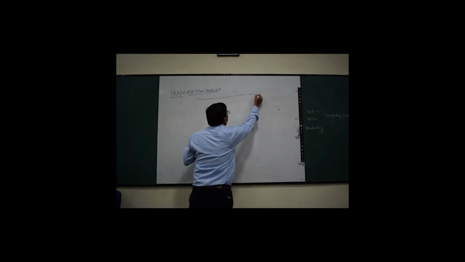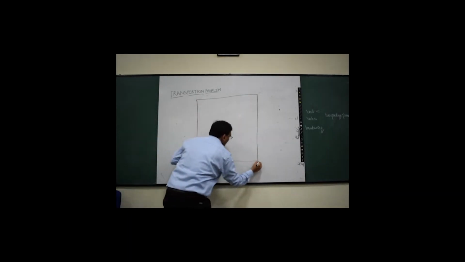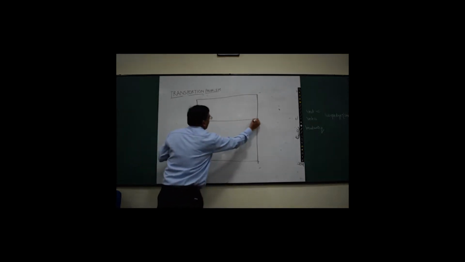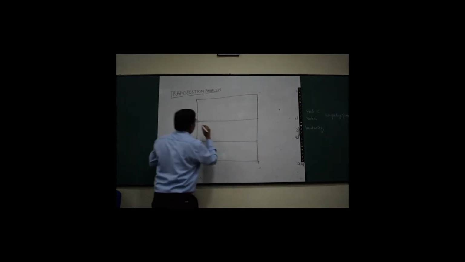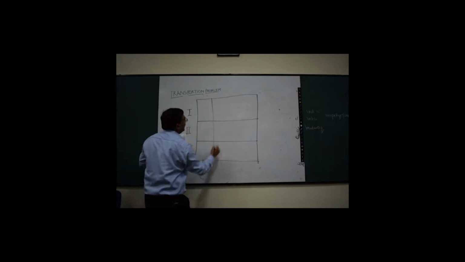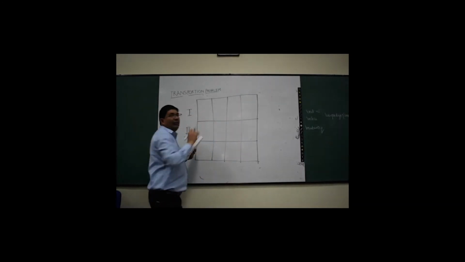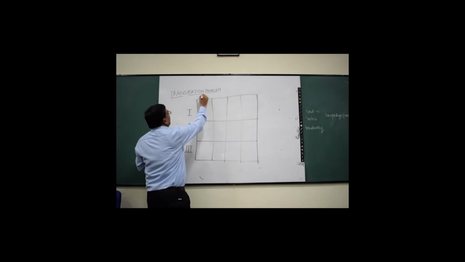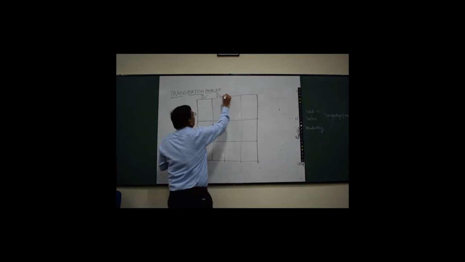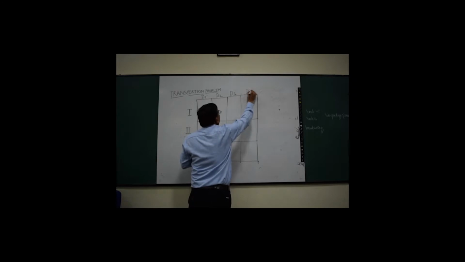So again, with allocation, 1, 2, 3 are the sources, and 1, 2, 3 and 4 are destinations, B1, B2, B3, B4.